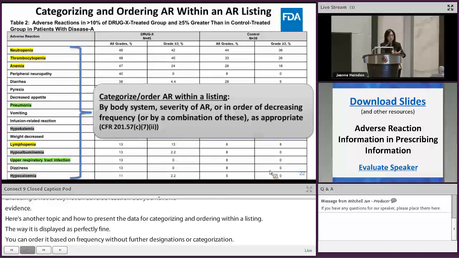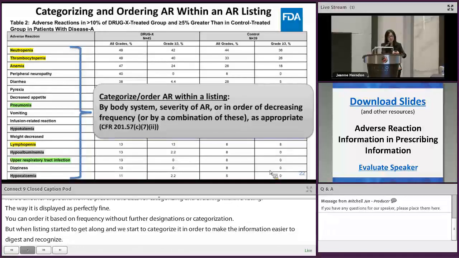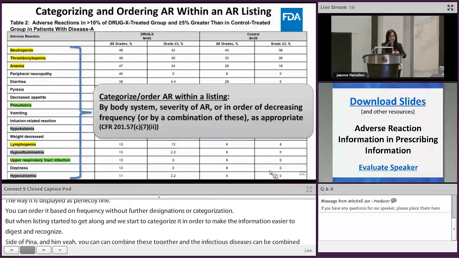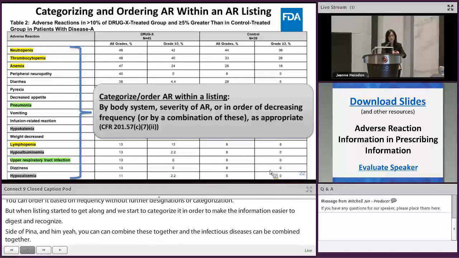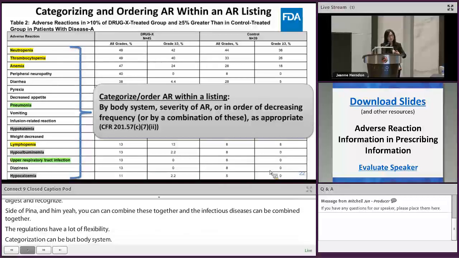So here, neutropenia, thrombocytopenia, anemia, lymphopenia, you can combine these all together, and the infectious diseases can be combined together. The regulations have a lot of flexibility, so categorization can be by body system, severity of the adverse reactions, or by decreasing frequency or a combination, whatever is appropriate to your situation.